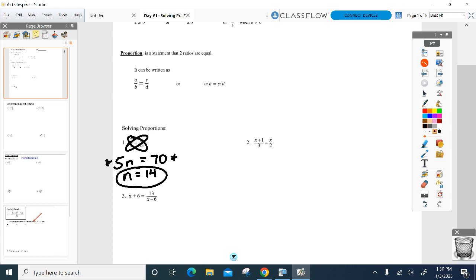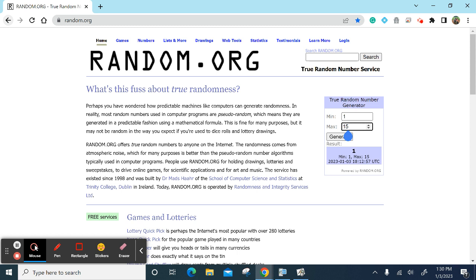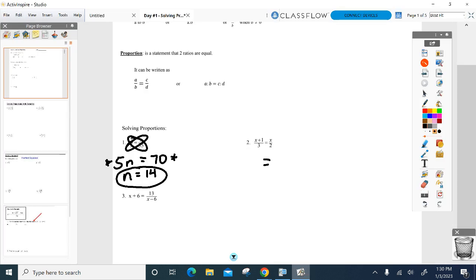Number 2, go ahead, cross multiply. All I want to know is what you get on each side after you cross multiply. 3x equals 2x plus 2.